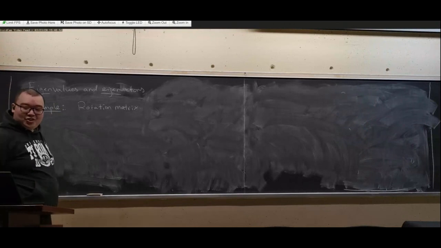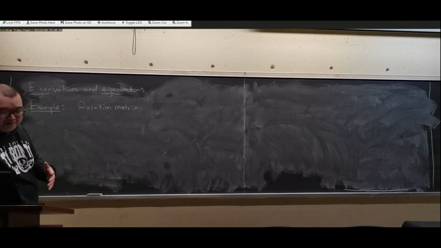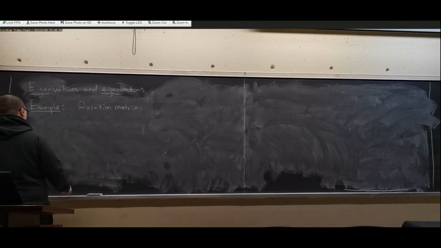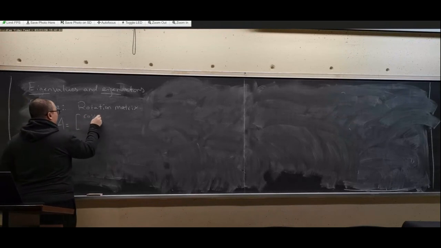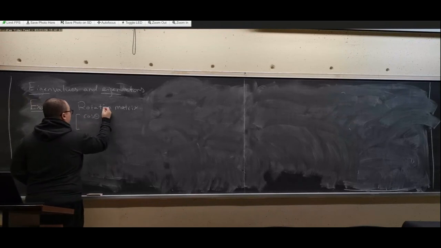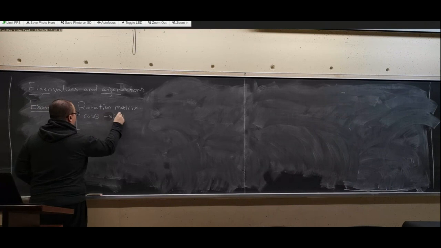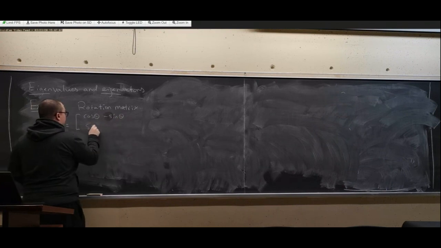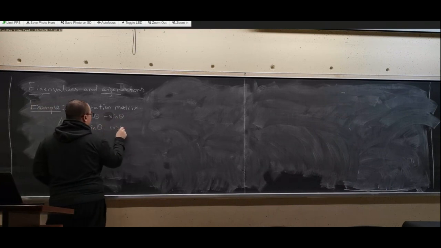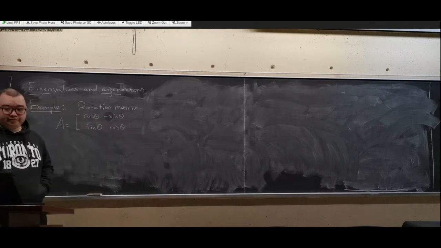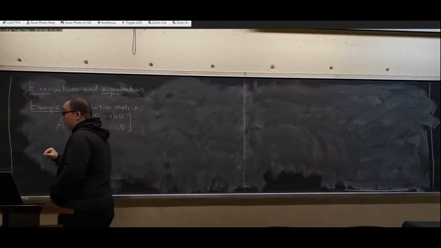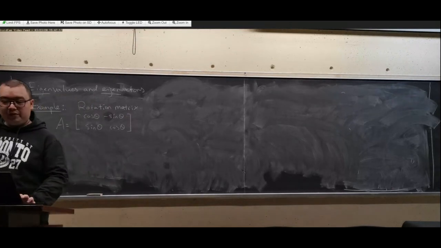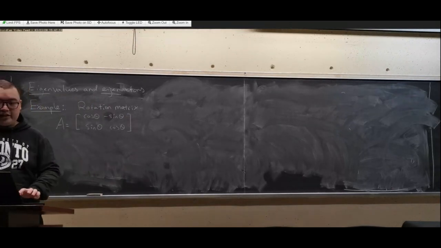All right, so A equals cosine of theta, minus sine of theta, sine of theta, cosine of theta. Right here, this is our beautiful little rotation matrix.